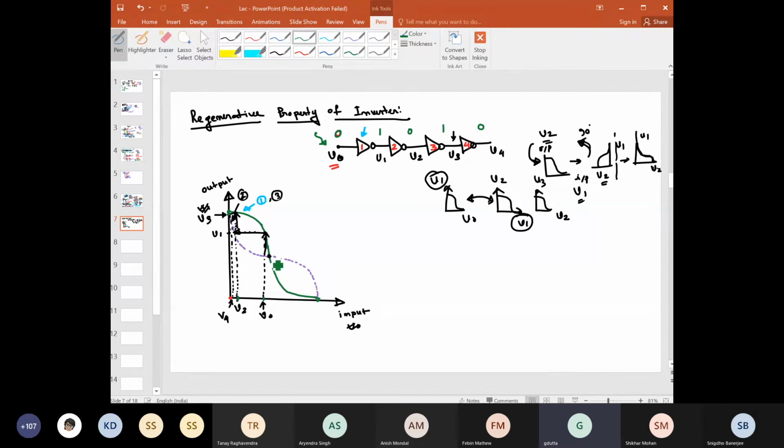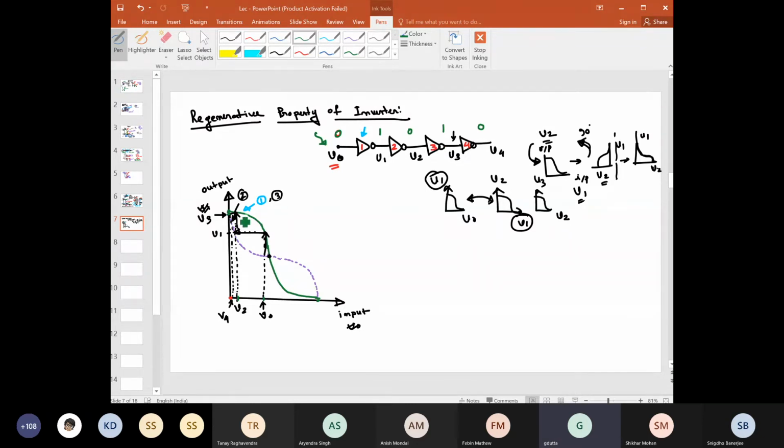If it is below VTH, or the switching threshold, then the noise will start getting reduced as the signal passes through similar types of inverters, right? Or in other words, we can say the disturbed signal gradually converges back to the nominal voltage level.